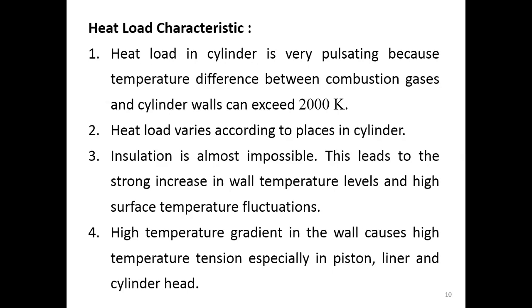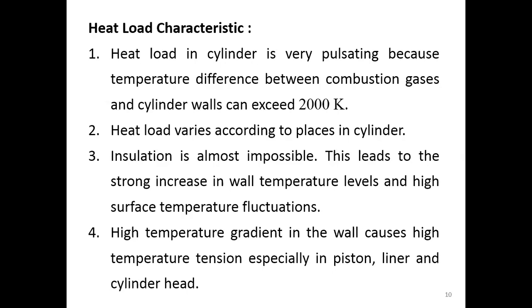Because of what? Because of the temperature difference between the combustion gases and the cylinder wall. Not only is there a difference, but the magnitude of the difference can go higher than 2000 Kelvin. So this is the source of why our heat load is sometimes unpredictable, up and down in here.